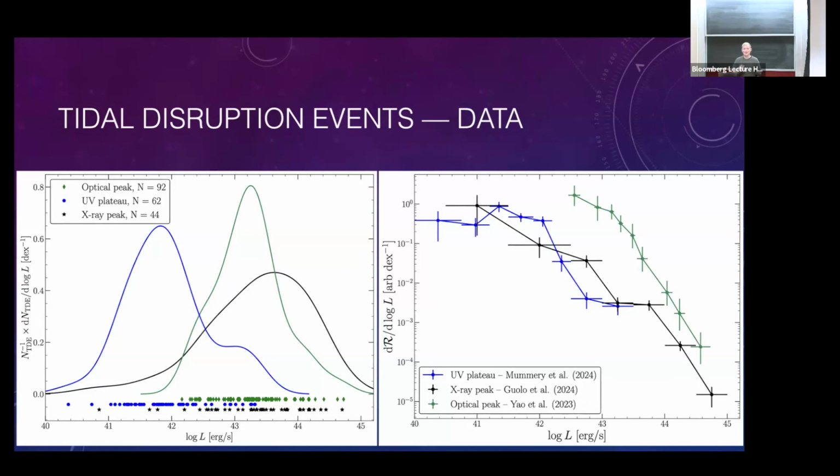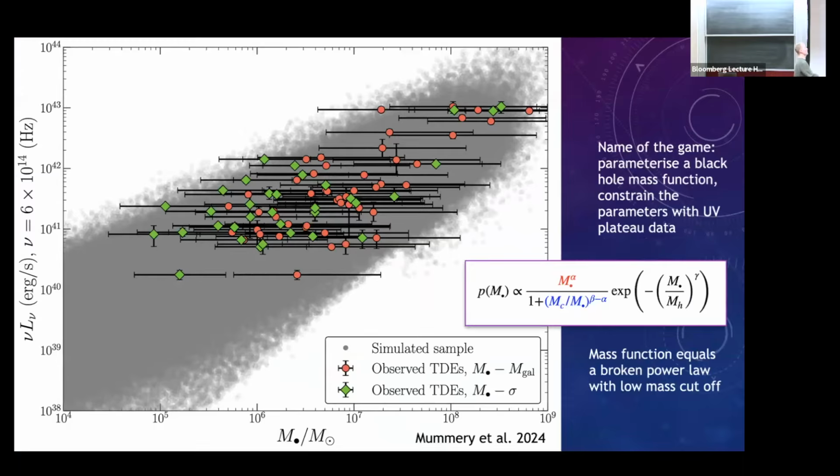And the question is, can I parameterize a black hole mass function that reproduces these distributions given known TDEs? The point basically being, and I'm going to go through this relatively quickly, the observed distribution of black hole masses is clearly not uniformly distributed, while my simulation was uniform. So I can write down a broken power law, say, for my black hole mass function.